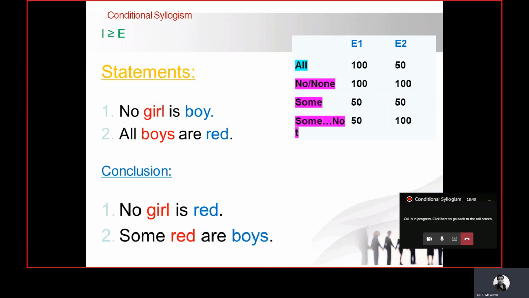Always remember, you will have to remember this simple table. All, no or none, some, some not. Okay. So look at the statements. No girl is boy. All boys are red.